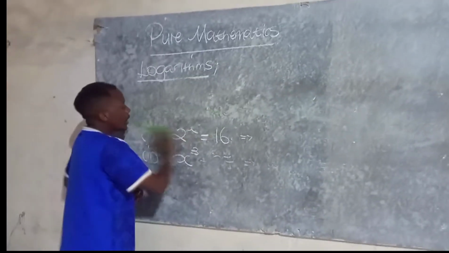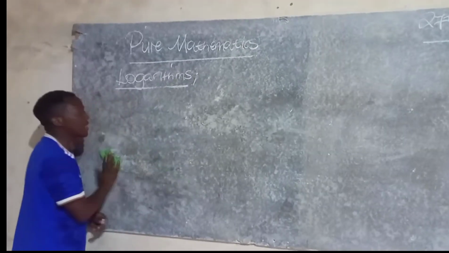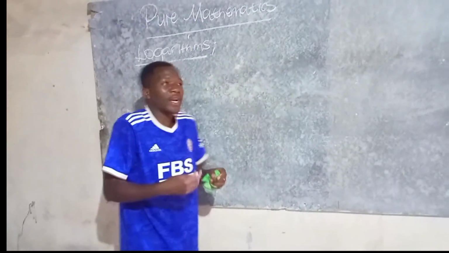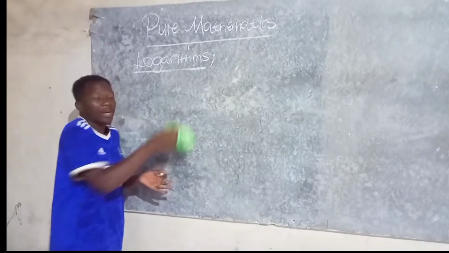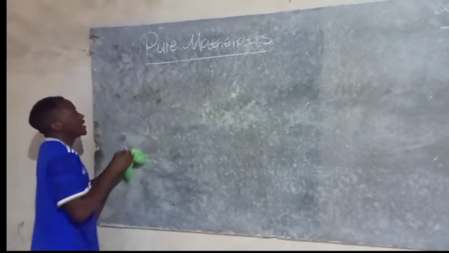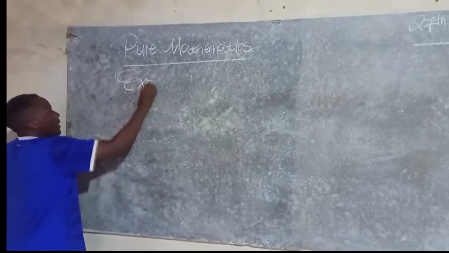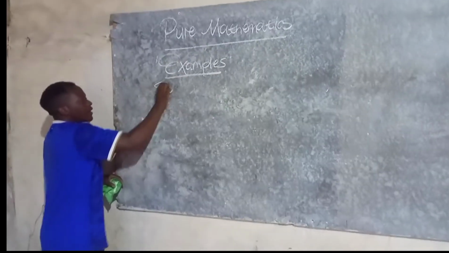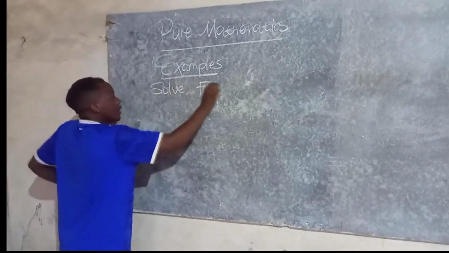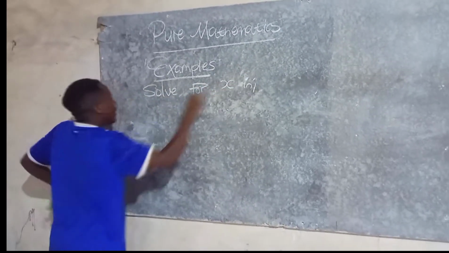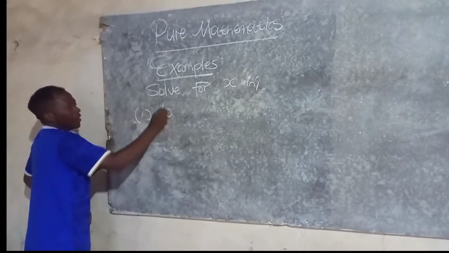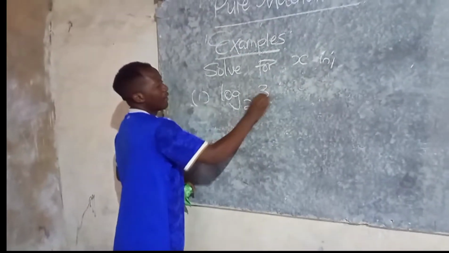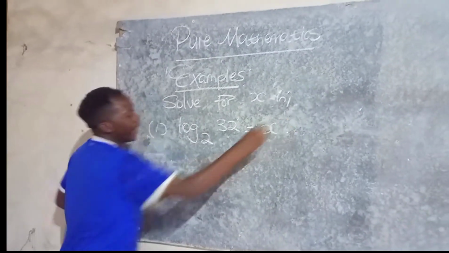Then also we can be taught to express a log in terms of how best we can solve. So let's say we are trying to solve some logarithmic functions. Let's say we have examples here. Solve for x in, Roman numeral 1, log base 2 of 32 is equal to x.